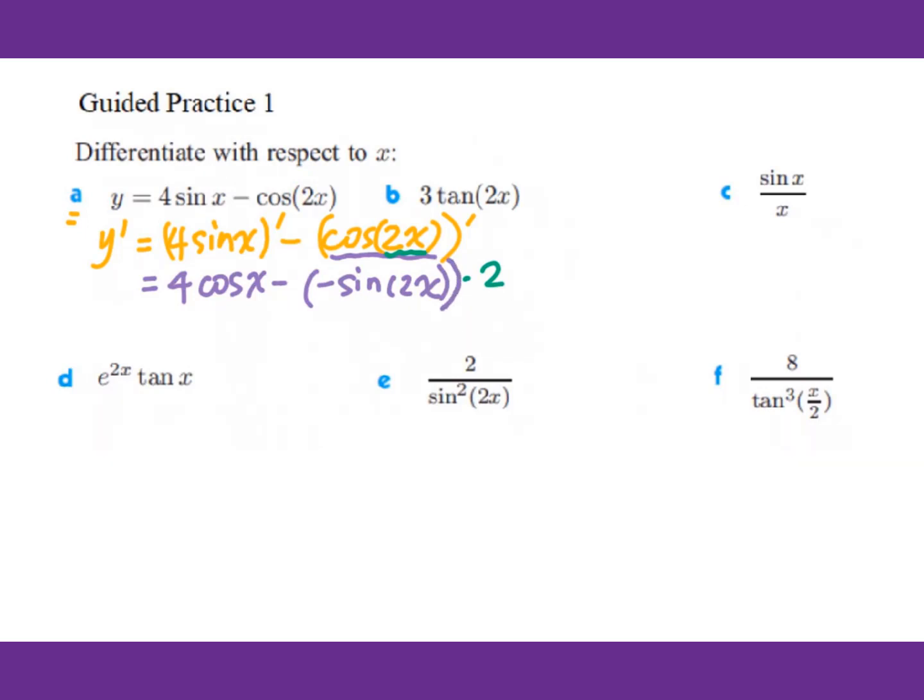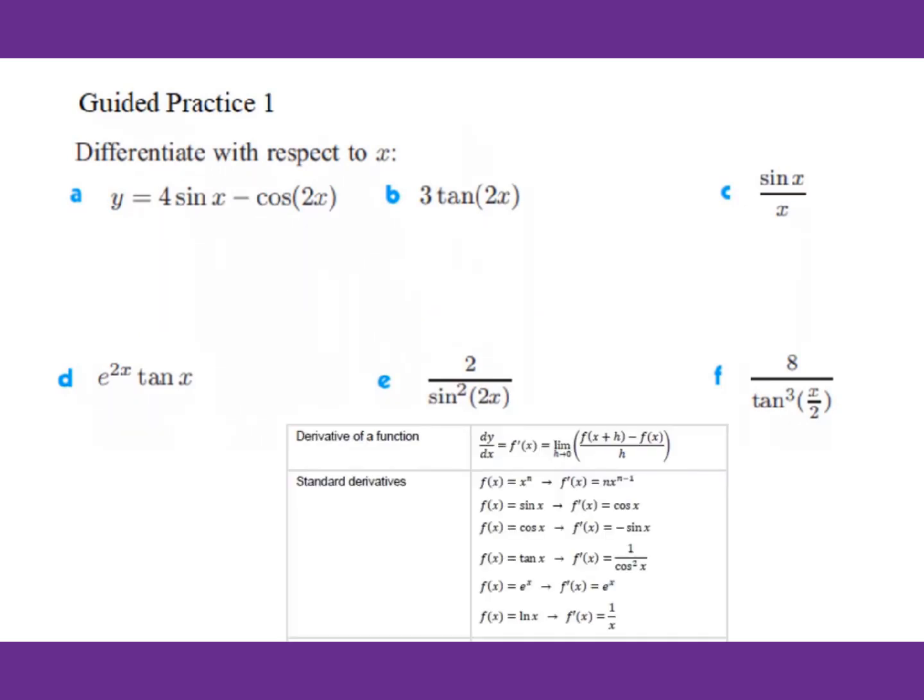So we organize the result. It's 4 cosine x. Negative will be positive, so plus 2 sine 2x. Now for B, the derivative for 3 tangent 2x equals 3 times 1 over cosine squared 2x.